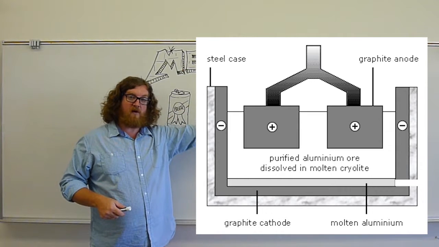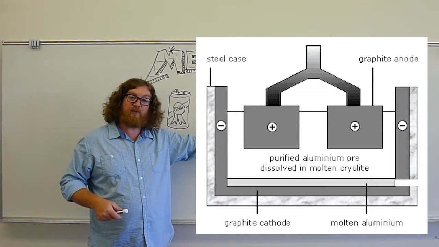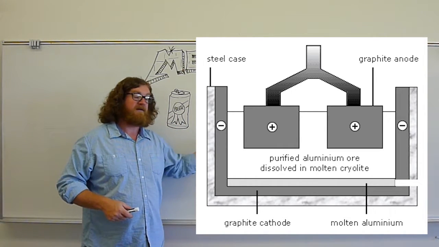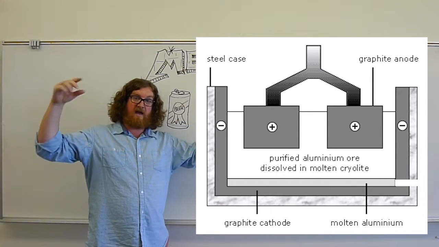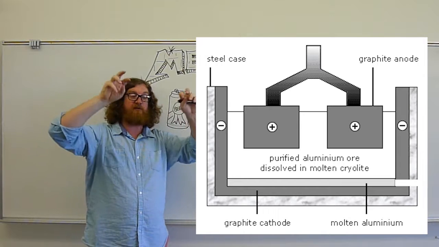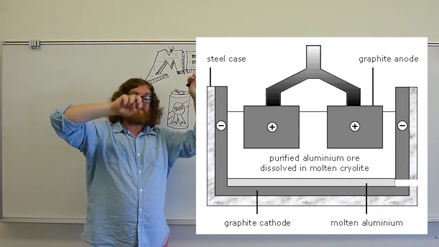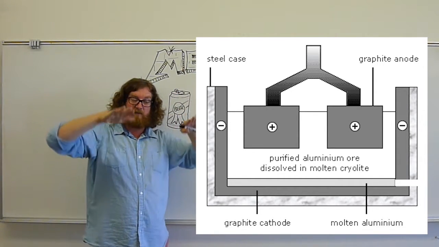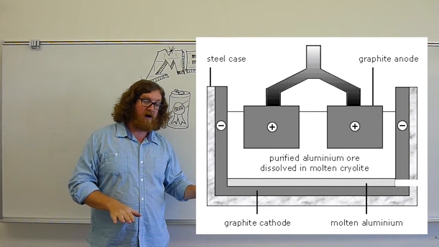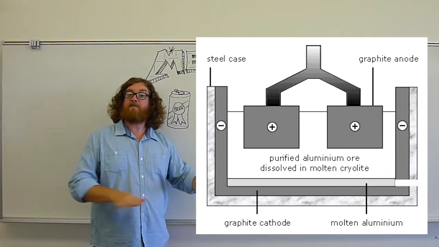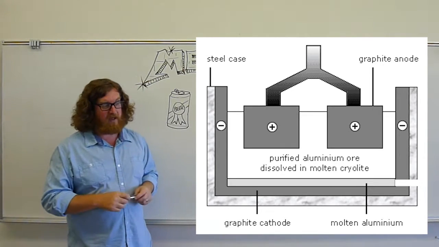The electricity flows through that fluid, and it creates enough heat that aluminum starts to separate, and we get molten aluminum that settles to the bottom of that kind of electrical pond, and then that can be pulled off the bottom in a similar way to a blast furnace.